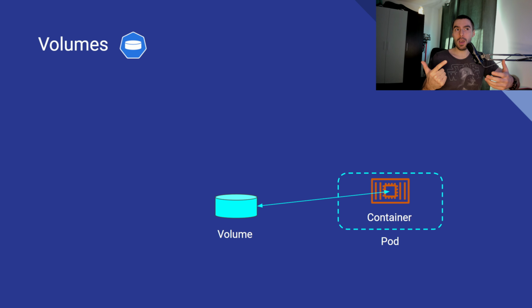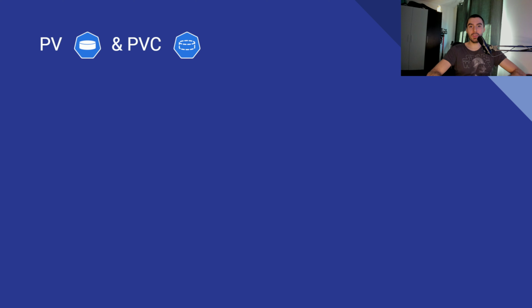So somehow you would want this storage to live outside of Kubernetes, right? And I'm saying this because this is like a sneak peek in what's going to follow regarding how persistent storage is designed in Kubernetes.